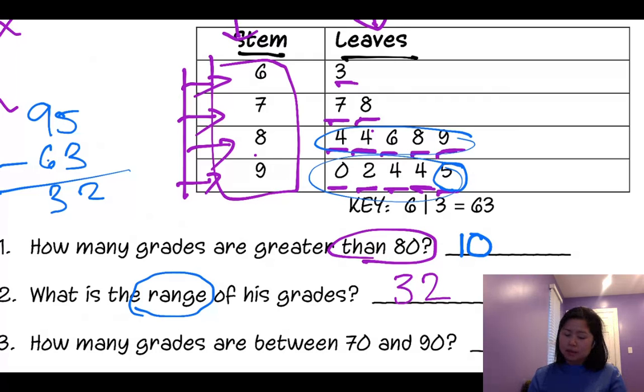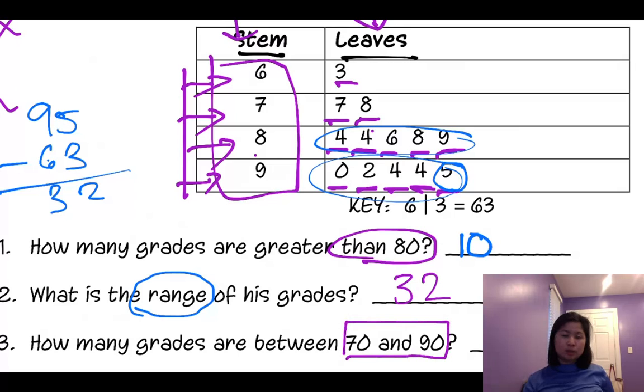Good. The next question, I'm going to ask you to join in and share with me how many grades are between 70 and 90. Between 70 and 90. When I'm asking between, I'm not going to count 70 and I'm not going to count 90. I'm counting what is in between.